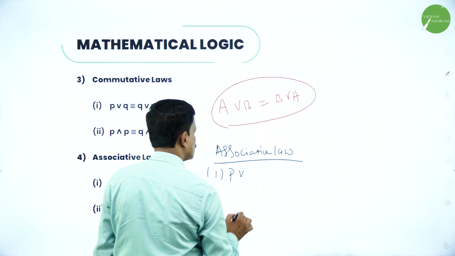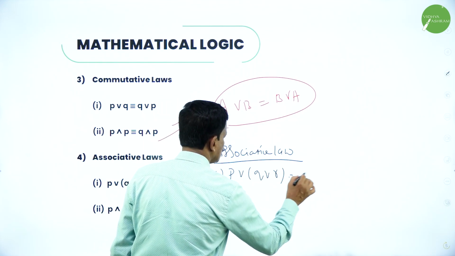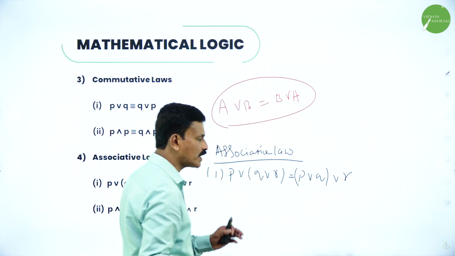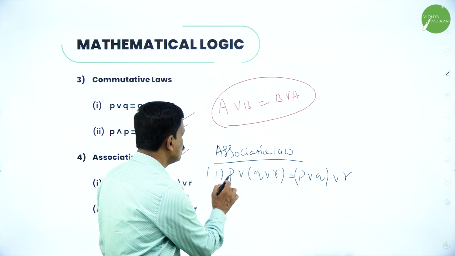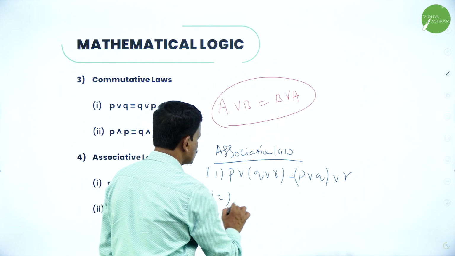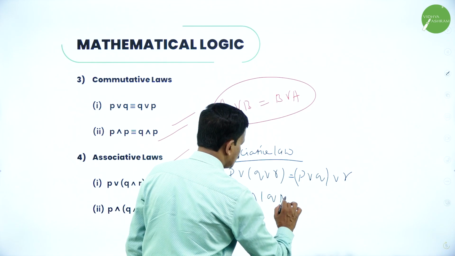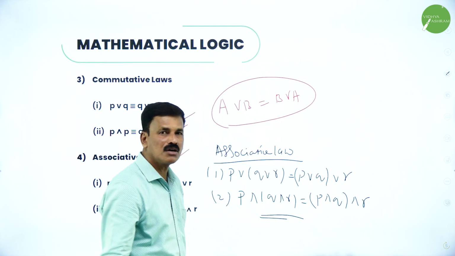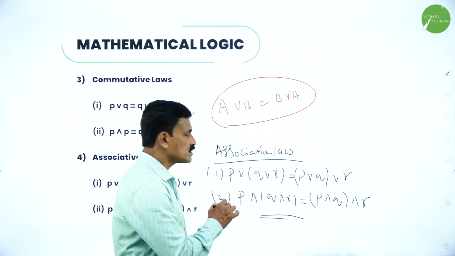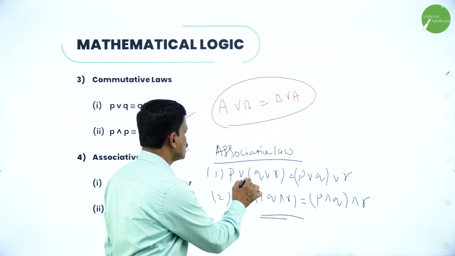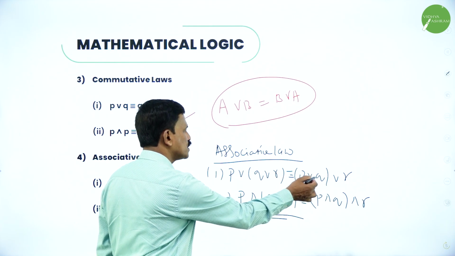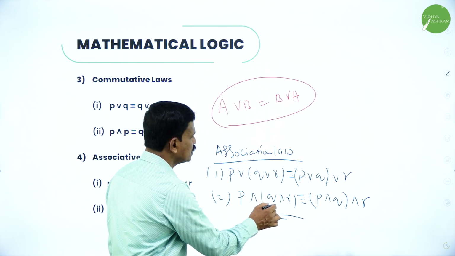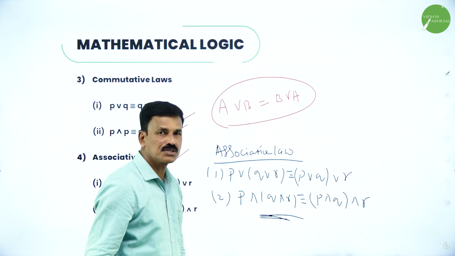Suppose we have P disjunction (Q disjunction R); this can also be written by just moving the brackets, that is, P disjunction (Q disjunction R) is equal to (P disjunction Q) disjunction R. Or in the case of conjunction, P conjunction (Q conjunction R) is equal to (P conjunction Q) conjunction R. These are called the associative laws, and this is very important.